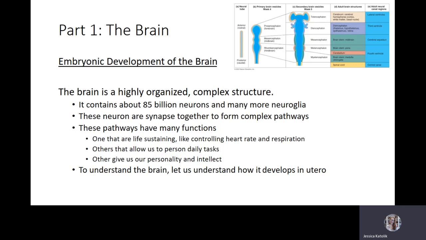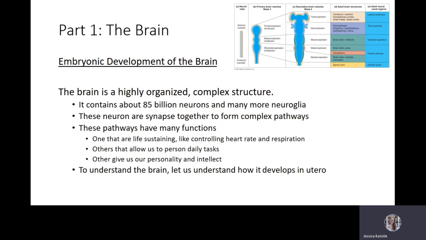And just some fun facts about the brain. The brain has about 85 billion neurons with many, many more neuroglia. And what's awesome about this brain is that these neurons are going to synapse together in highly complex ways to integrate sensory information from our memory, and be able to create a coordinated response to our environment.